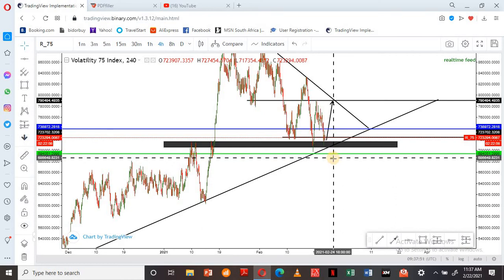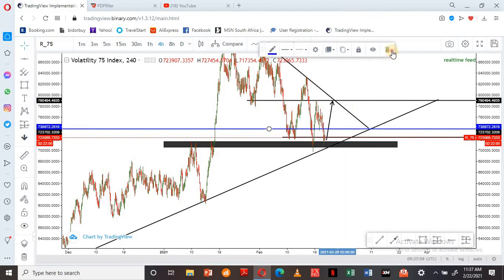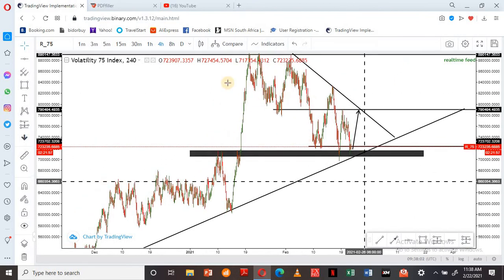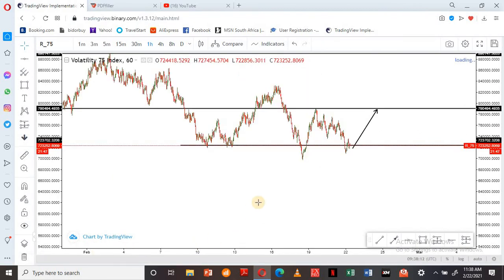You can just watch it until it plays out, confirming your strategy before you take positions. So you don't have to make it that difficult for yourself. And remember, when you place sell stops, you also place stop losses.